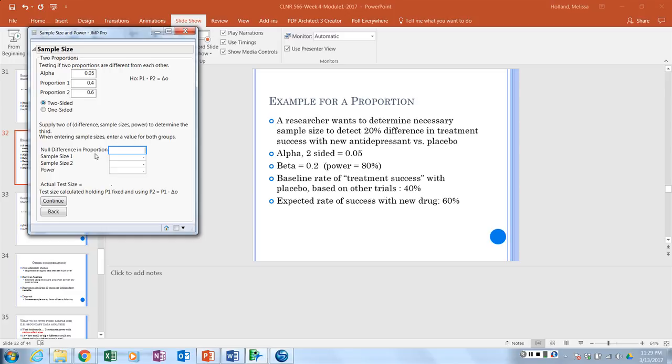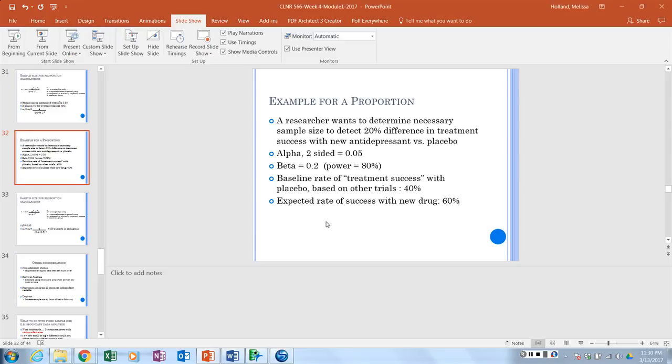This is not delta in this case, all right? So in this case, the null difference is always going to be 0. All right, so we're trying to determine our sample size per group here. And then we want our power of 0.8. So then we hit continue to see what this has given us.